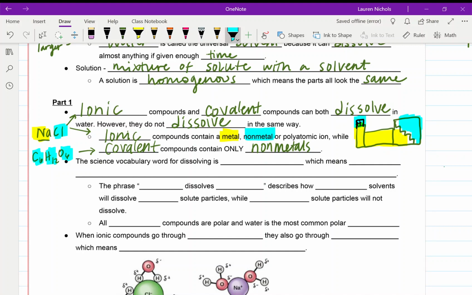And so when we talk about dissolving, there are two processes, and we do have some more sciencey vocabulary for it.